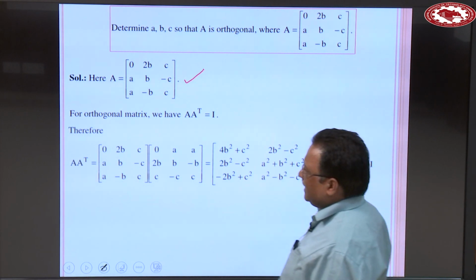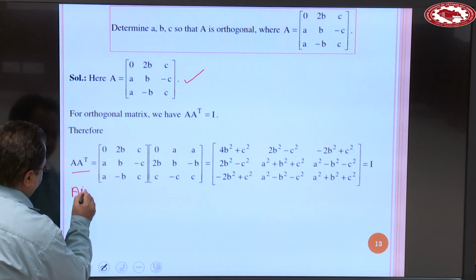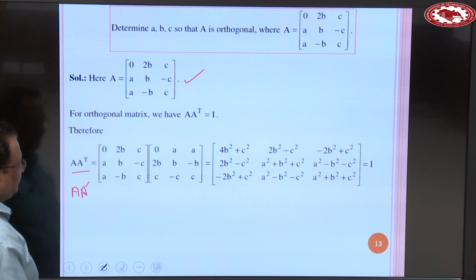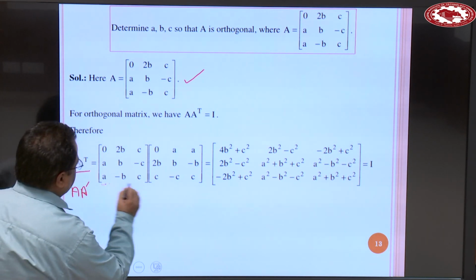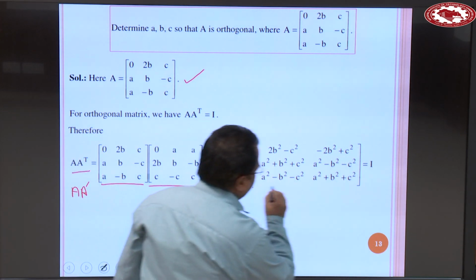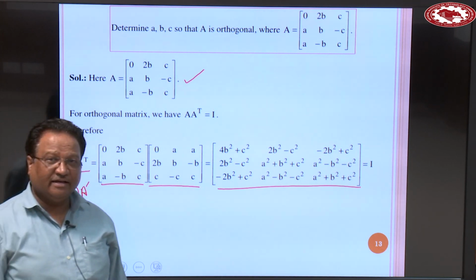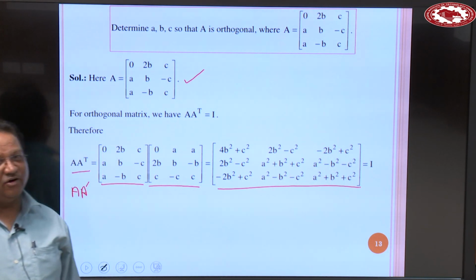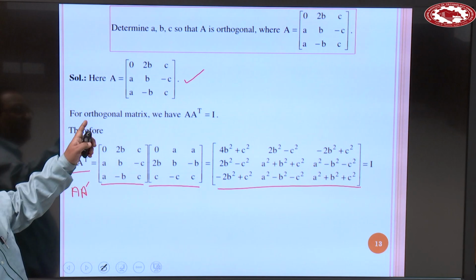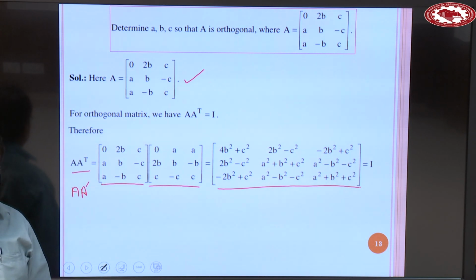So calculate A A T, which means A A dash. The A matrix is as it is and the transpose is this. Now multiply these, and we get this matrix, and this matrix is I if A is orthogonal. Clear? The question is, what are the values of a, b and c so that the matrix A is orthogonal?